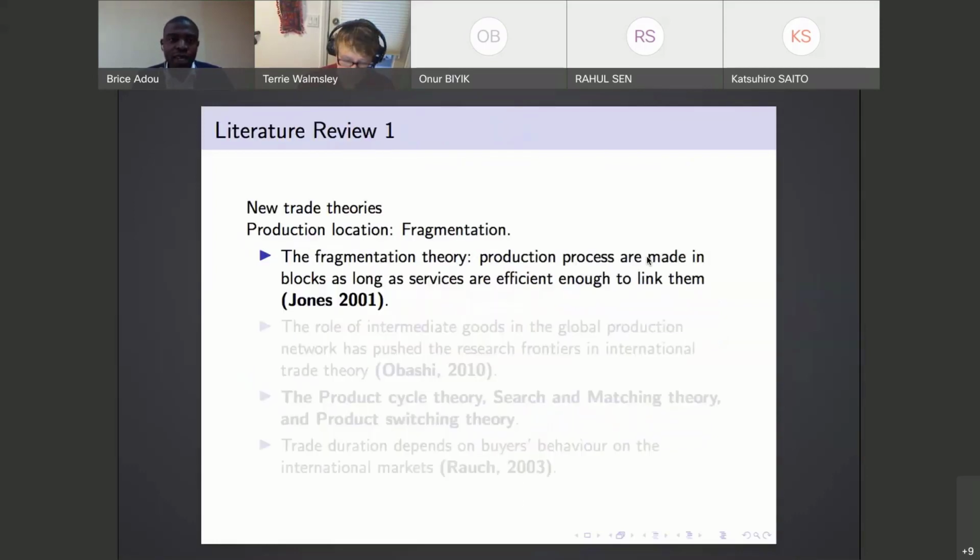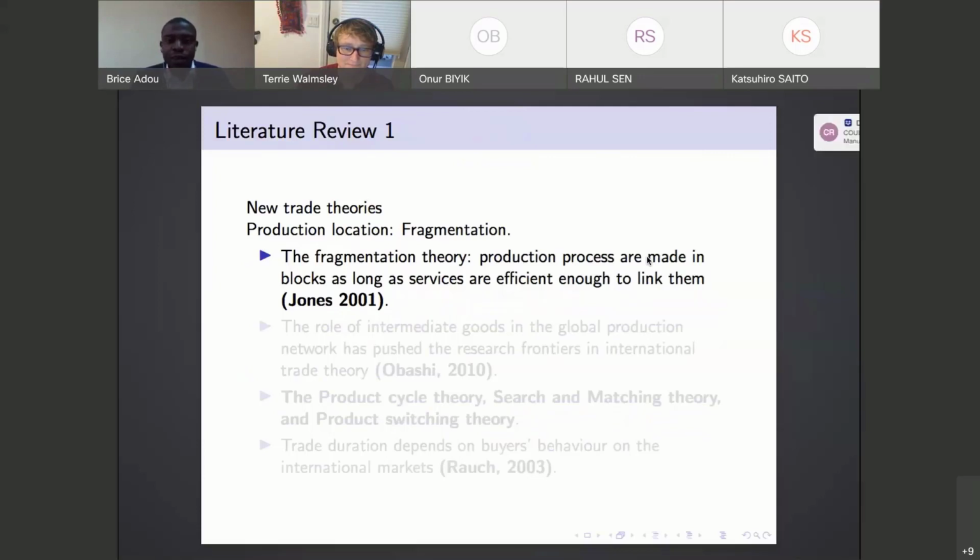Theoretically, we relate to the new trade theories and also the production location theory, which is the fragmentation theory, formally enumerated by Jones, who was preceded by Krugman, I think in 1980.